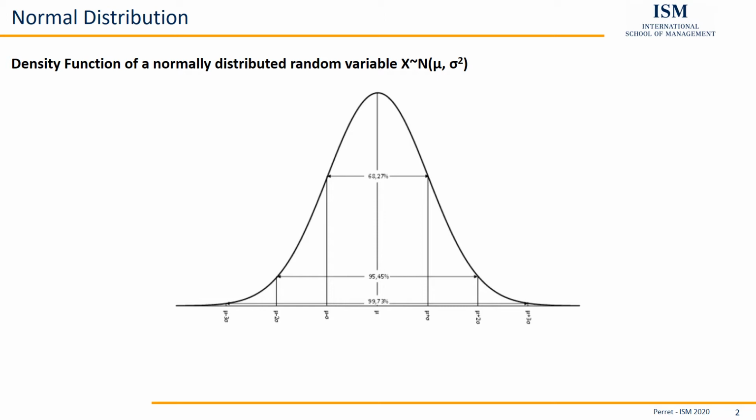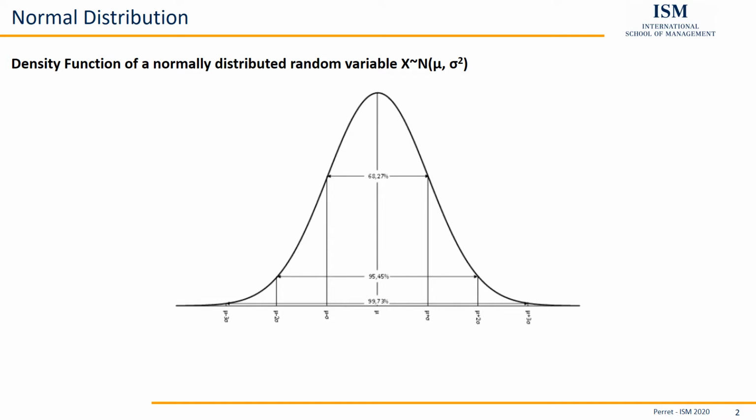Once I have those two pieces of information about my distribution, the mean and the variance, and I know it's normally distributed, I also get quite a lot of additional information, and that's what this graph actually tells us.